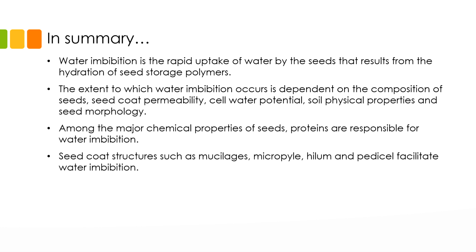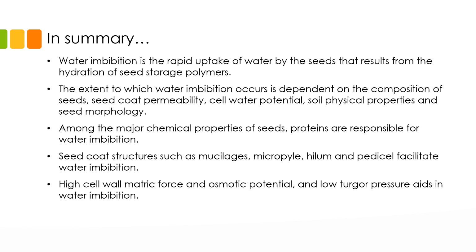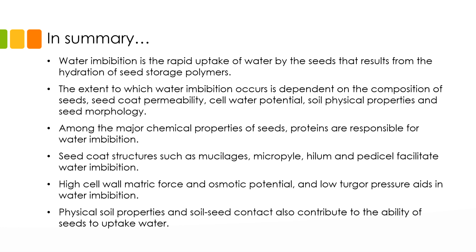Seed coat structures such as mucilages, micropyle, hilum, and pedicel also aid in water imbibition. The availability of water to an imbibing seed is controlled by both the availability of water within the seed and the external environment under which the seed imbibes water. Internal seed factors include cell matrix force, cell osmotic concentration, and cell turgor pressure. External factors include the soil physical properties and overall morphology of seeds that determine seed-soil contact.